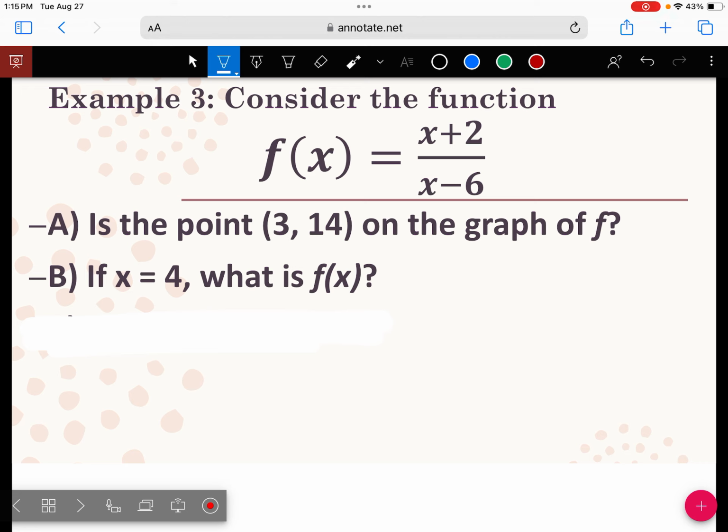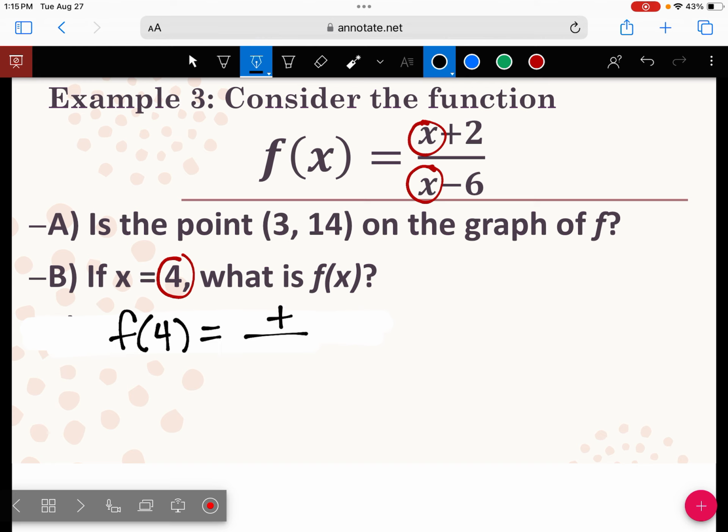So x equals 4, I'm just going to put this 4 right here and here. So in other words, we're trying to find f of 4. So f of 4 equals 4 plus 2 over 4 minus 6. Go ahead and figure out what you get.